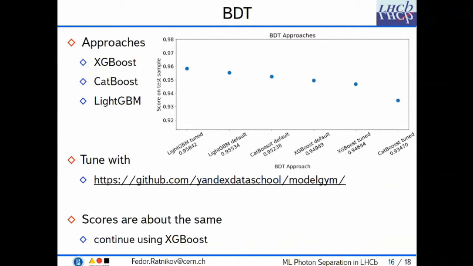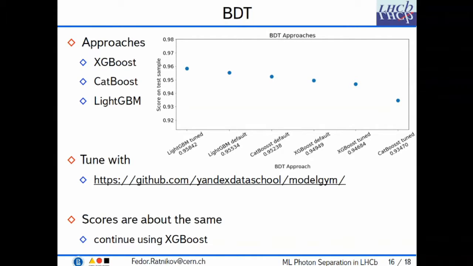By the way, right now it is worse than BDT, than XGBoost out of the box. Nevertheless, we tried different BDTs, in particular XGBoost, CatBoost, and LHCb. Those out of the box and those where we tried to tune parameters gave essentially the same result.